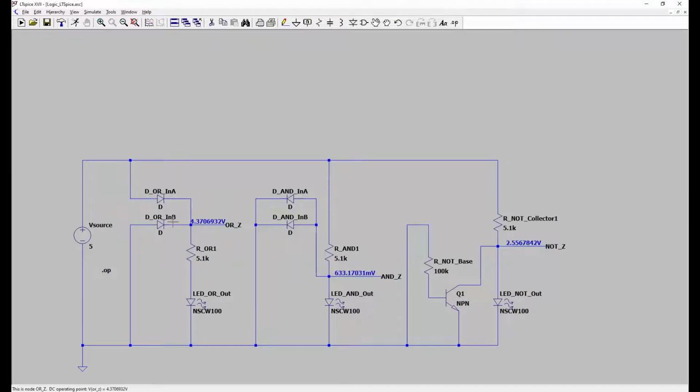With a 1 and a 0, our output is a 1, 4.4 volts. I don't really need to switch these inputs to prove that this 1 and this 0 would give you the same result, so instead we are just going to put both high and verify that that works.